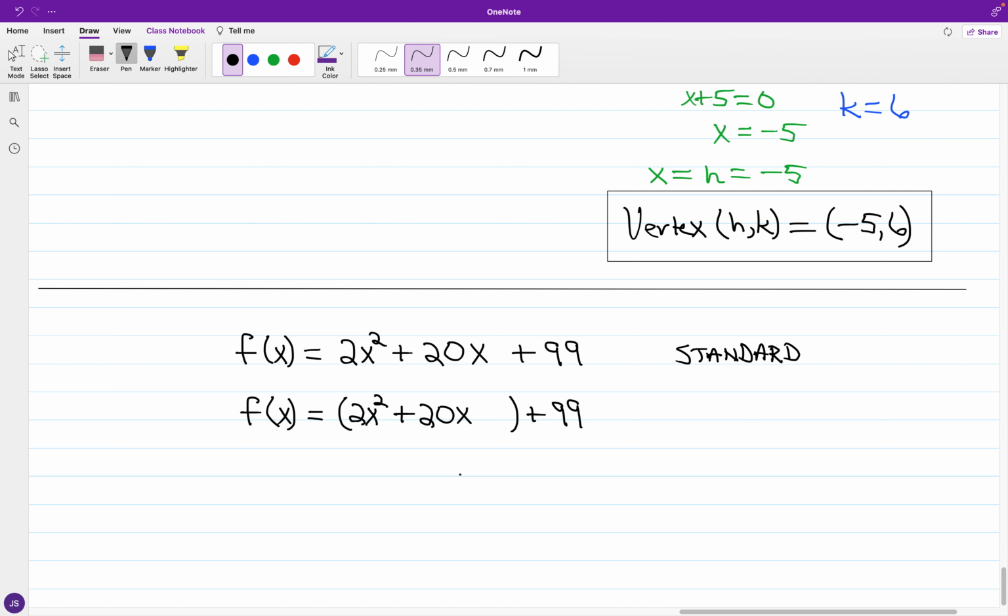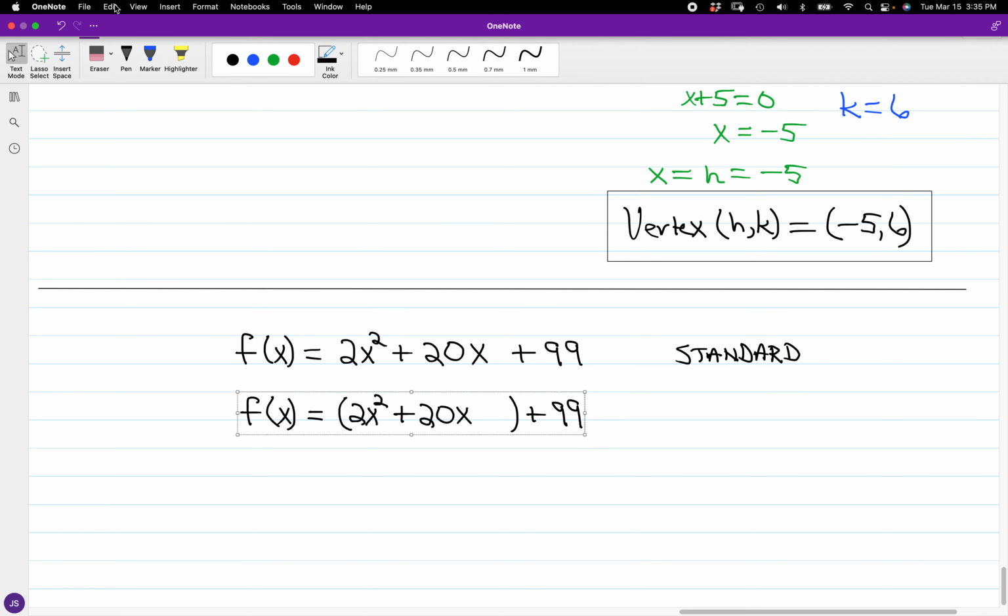Now there might be the temptation to try to go ahead and complete the square, but do not do this yet until what you have as your first term in the parentheses is x squared and only x squared.